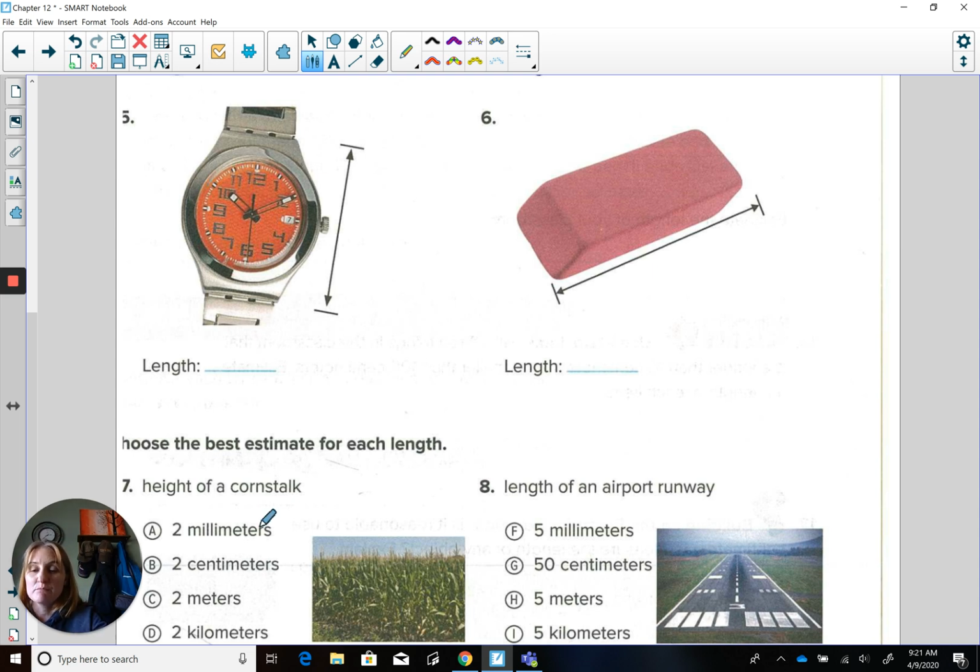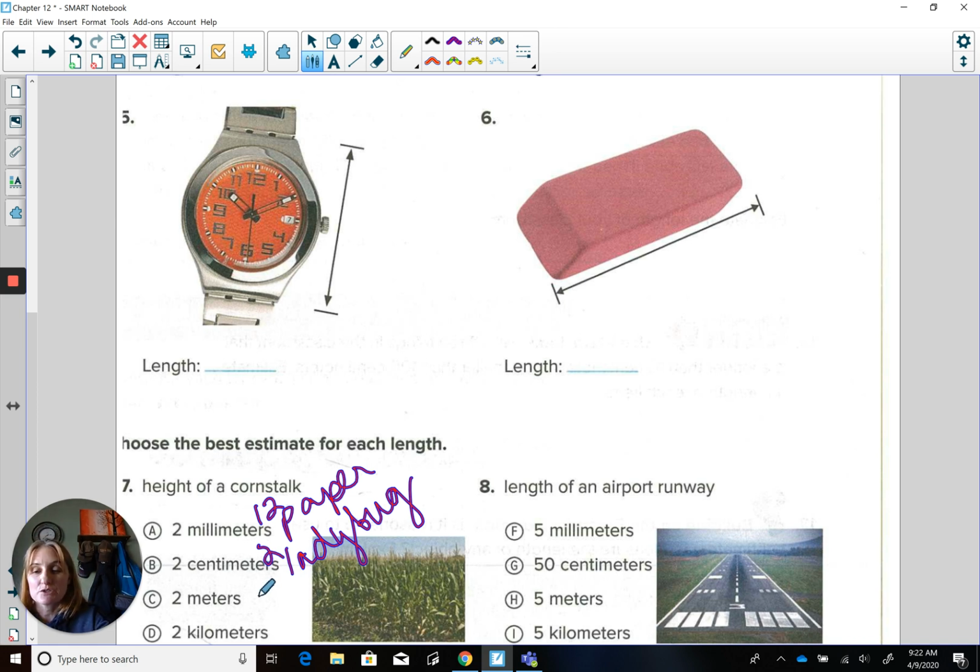All right, so we have millimeters. Ooh, I know 1 millimeter is, you're right, 6 pieces of paper. So if I have 2 of them, that would be 12, right? 2 times 6. Okay, centimeters is your ladybug. So 2 of them would be like 2 ladybugs.